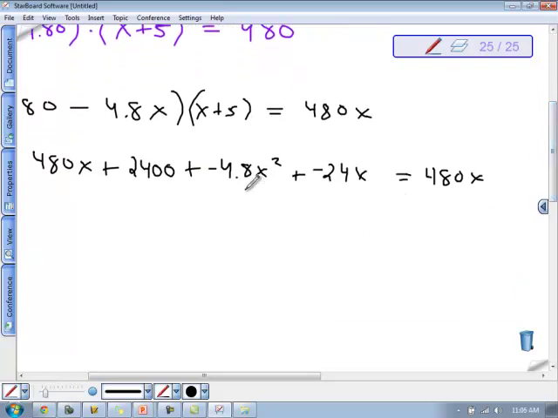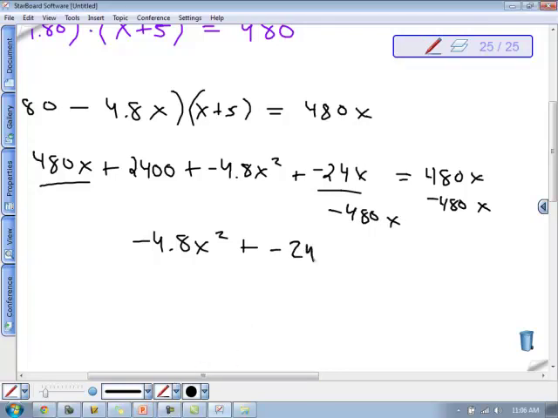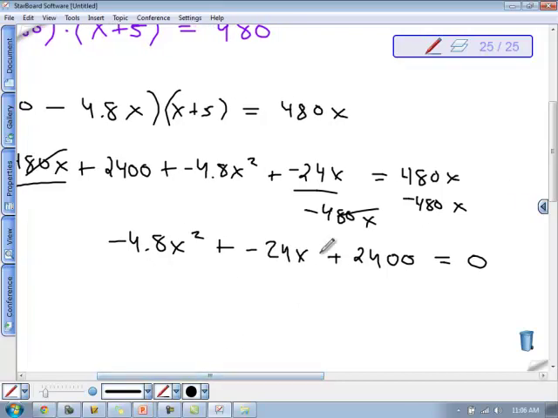Now I'm going to simplify and get it in standard form for a quadratic, so 4.8x squared plus the middle terms, which I have negative 24, positive 480, and I'm going to have a negative 480x as well when I move this over to the other side. So I'm going to add those together and you get minus 24x, obviously, because this cancels with that. And then you still have the 2400. That equals 0. I'd probably multiply through by -1 to change these signs, which is fine.